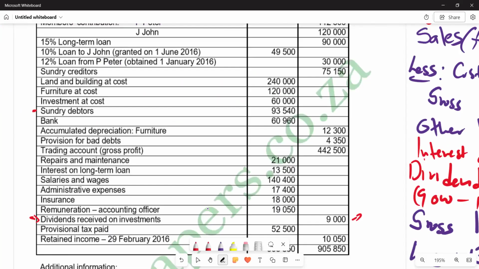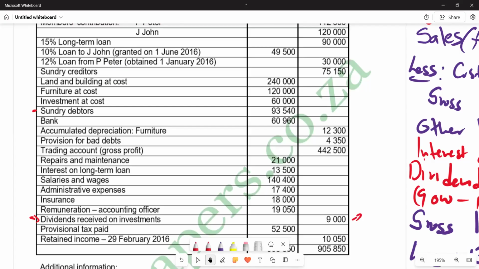So we go up there, we try to go down, checking for other expenses. We've got repairs and maintenance.